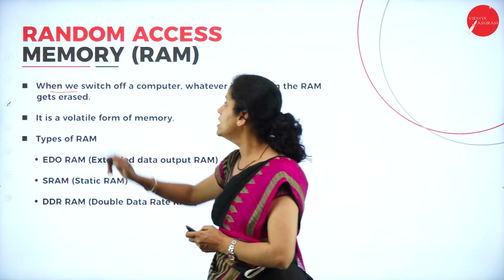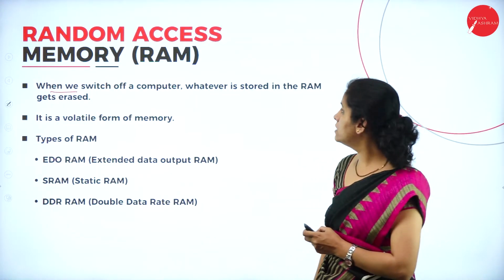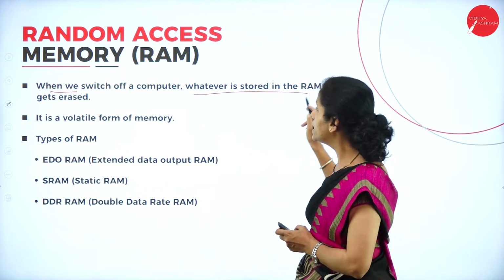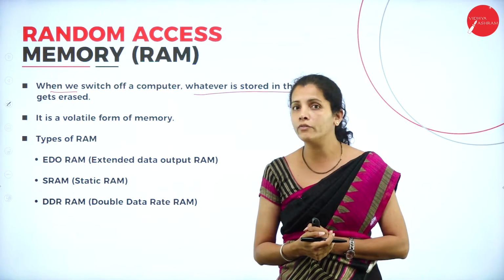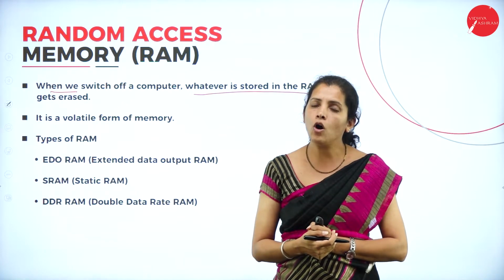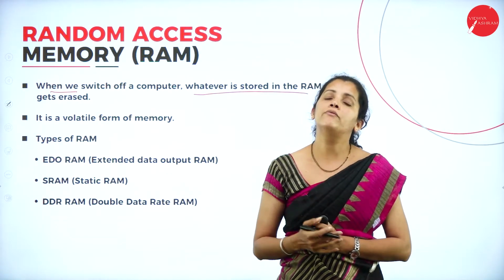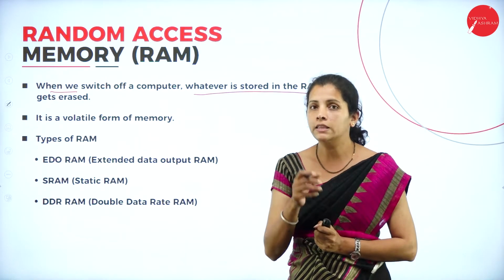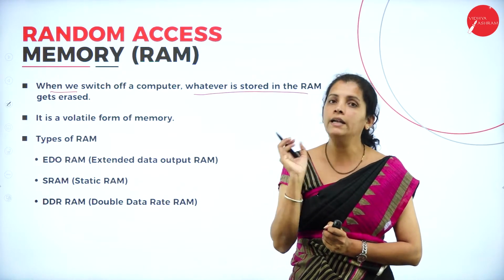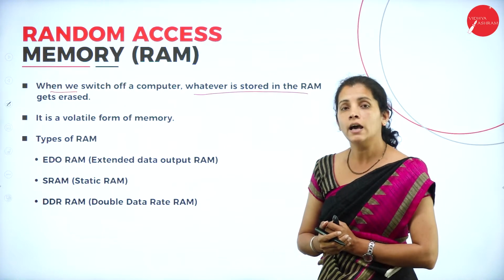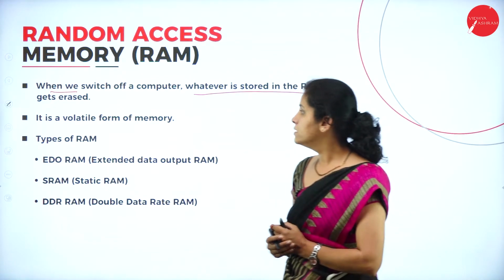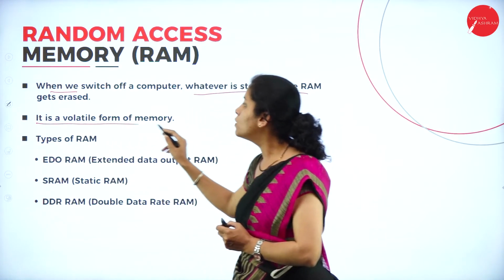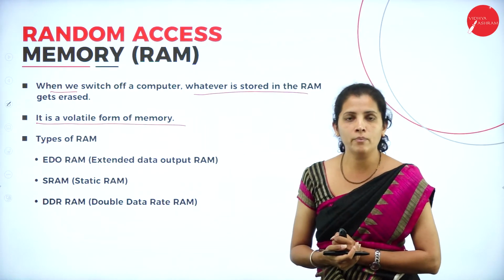When we switch off a computer, whatever is stored in the RAM gets erased. That means when I turn off the computer system, or if there is any power fluctuation, whatever content is present in the random access memory gets erased. So it is also called a volatile form of memory.